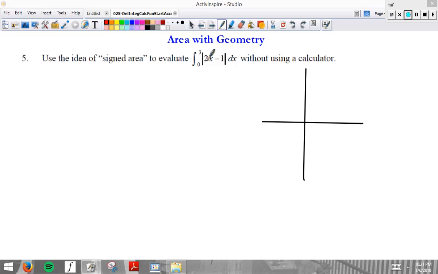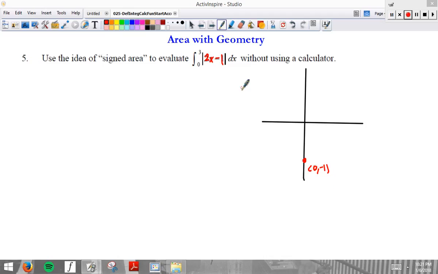One way to graph absolute value functions, a very useful way that I don't think I've covered in any other video yet, is to graph the inside of the absolute value function, which would be a line with a slope of 2 and a y-intercept of -1, so we'll call that (0, -1).